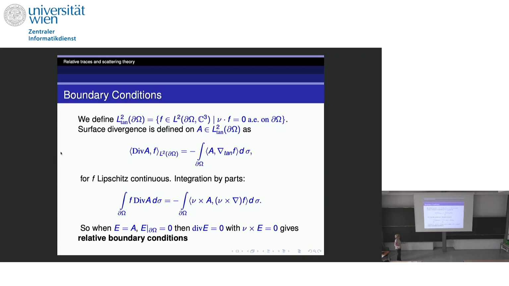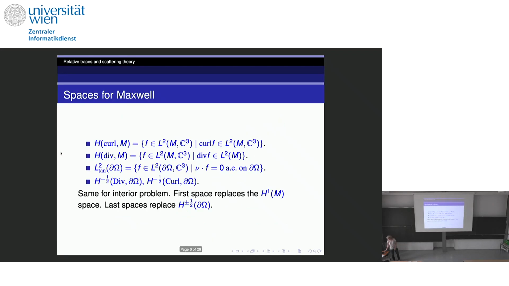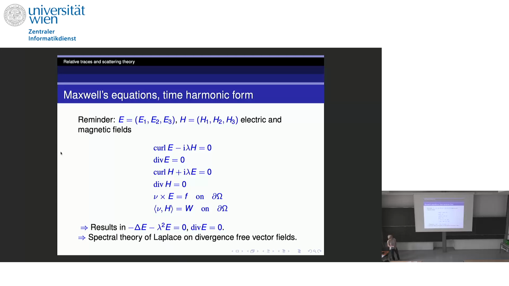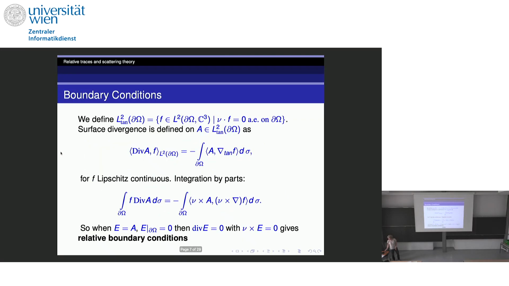So even just to start off, let's go back to our earlier system. Let's say that we give f is 0, and we want also that the restriction of E on the boundary is 0. You can already see that translating between people who use relative boundary conditions, which means they say that the surface divergence is 0, and people who do numerics, who say that U cross E is 0, takes already a little bit of work using vector calculus.